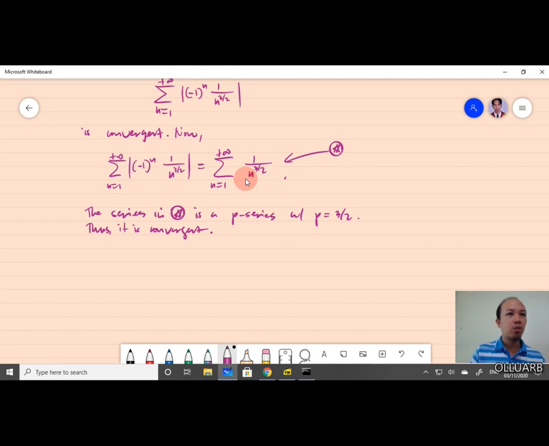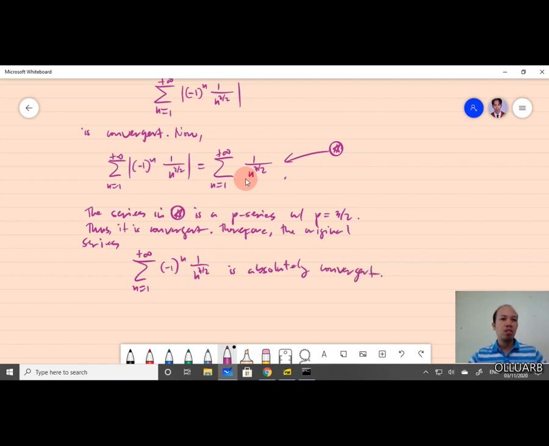Therefore, the original series, summation of negative 1 to the n times 1 over n to the 3 halves, n equal to 1 to positive infinity, is absolutely convergent.